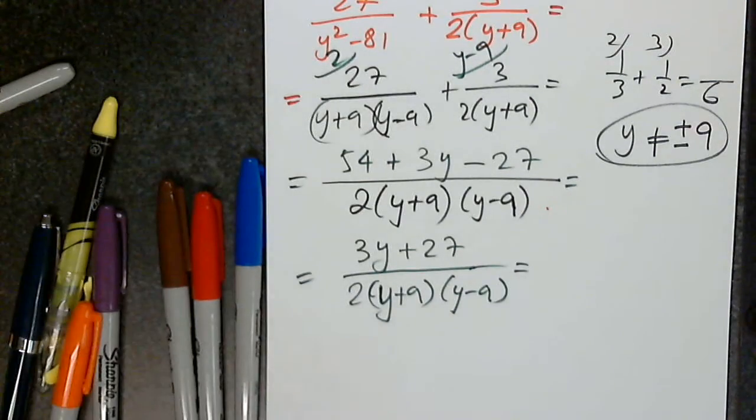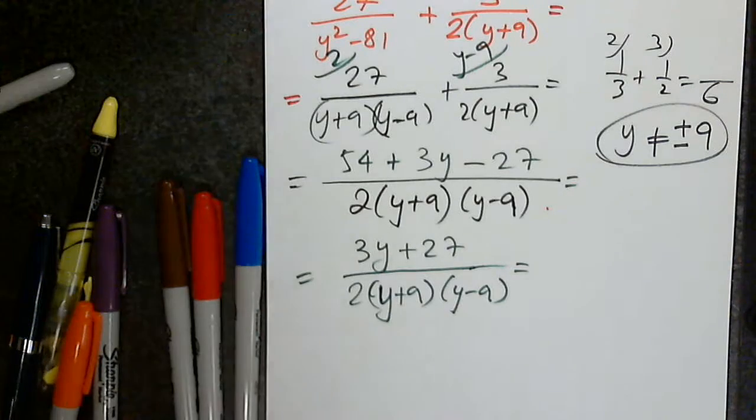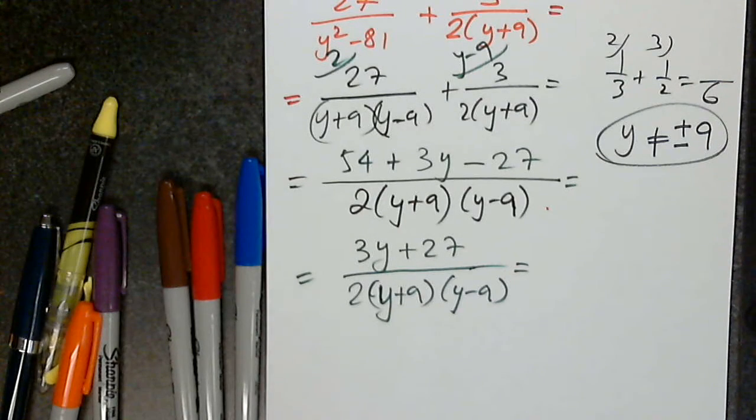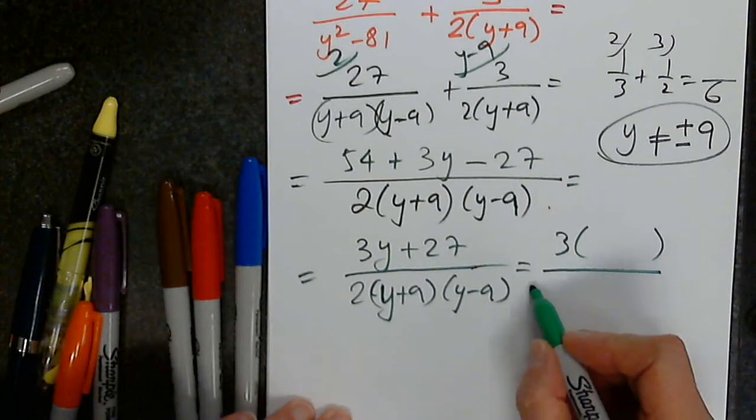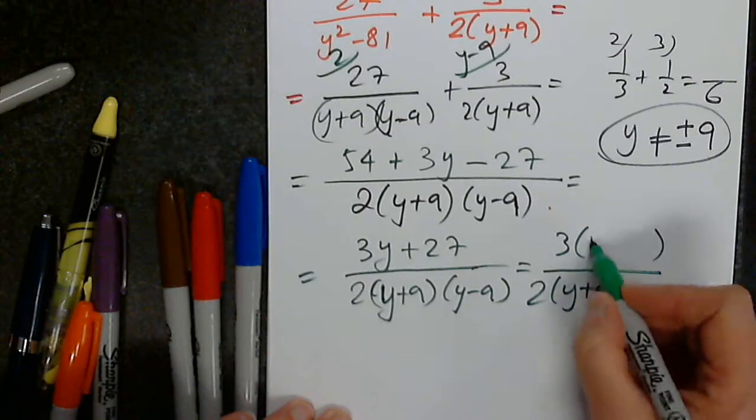At this point, I always look at the numerator and hope that I can factor it. Even if there is no hope further past that, I still hope to be able to factor it. Can I factor anything? Yes, 3. What is left in parentheses? Very good.